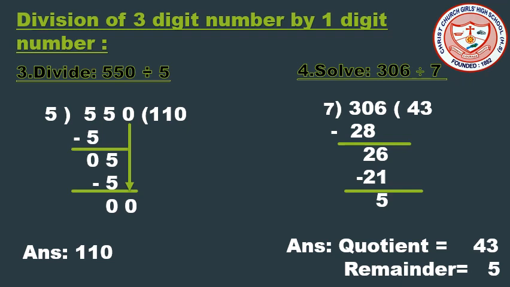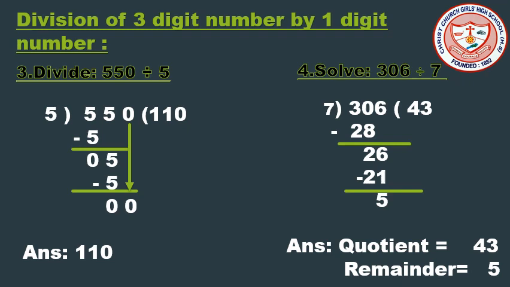So first we are going to divide hundreds. So 5 hundreds divided by 5 equal to 100. So we are going to write 1 in the quotient and 5 below 5. Now 5 minus 5 equal to 0.